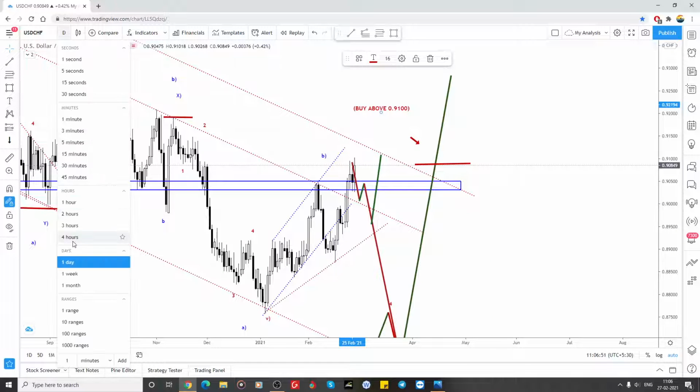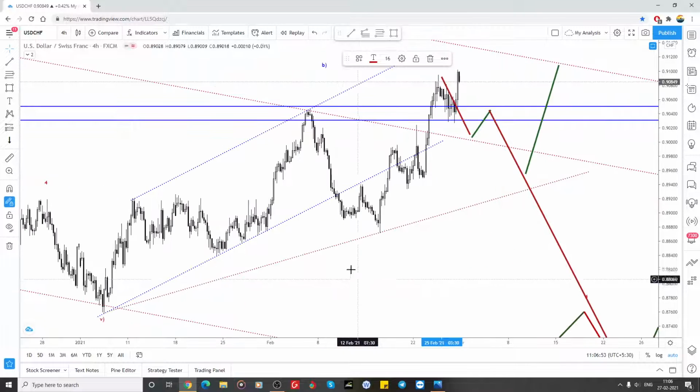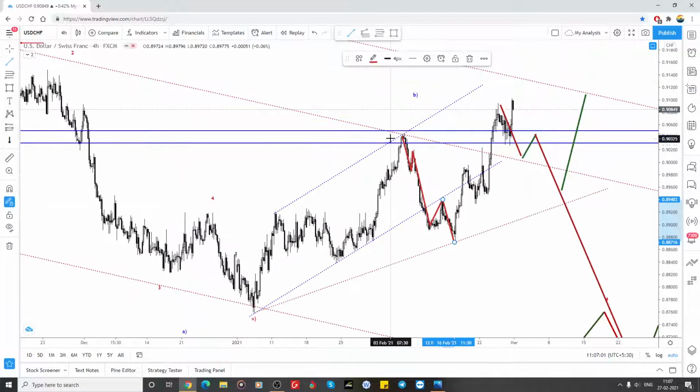Once again, I will show you in that 4-hour chart. See, I took this as a 5-wave structure. After the 5-wave structure, we need a 3-wave structure, and I expect this one.